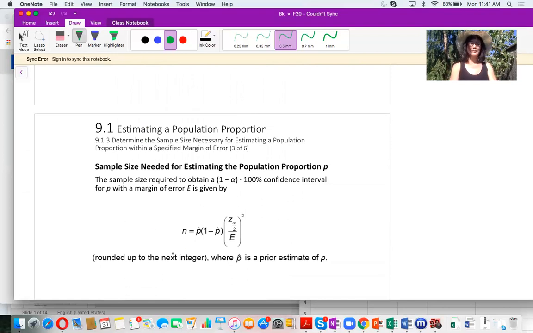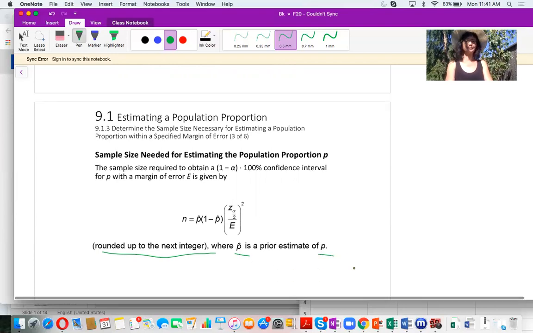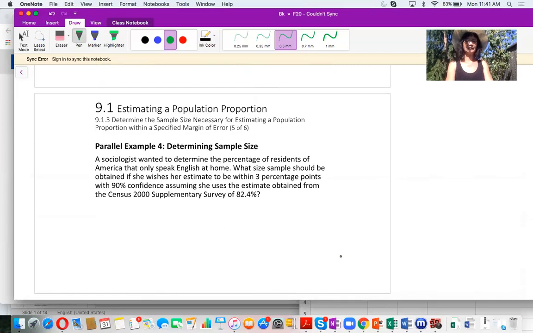When you calculate sample size, usually you need to round up to the next integer. P hat is the sample proportion. It is an estimate of population proportion P. So now let's take a look at this example. Determining sample size.